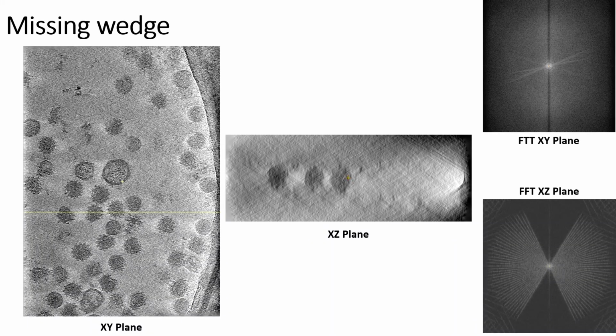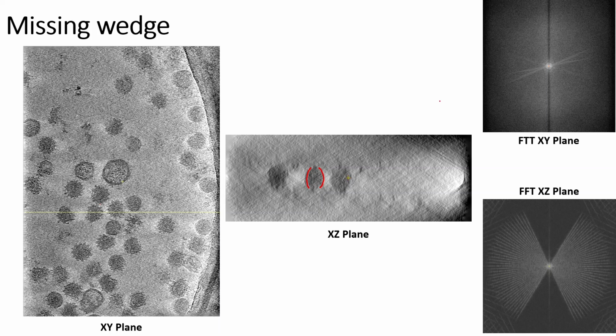Now we have reconstructed our volume. If we take a cross-section of our volume and look from the XZ plane, we can see that our volume, of course, suffers from the missing wedge. So all our things are elongated in the XZ plane, whereas they look very nice roundish in the XY plane.